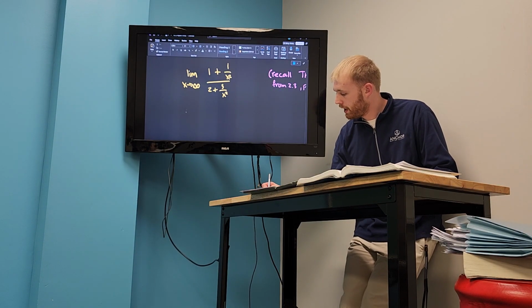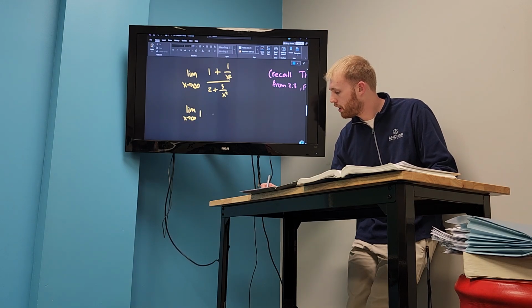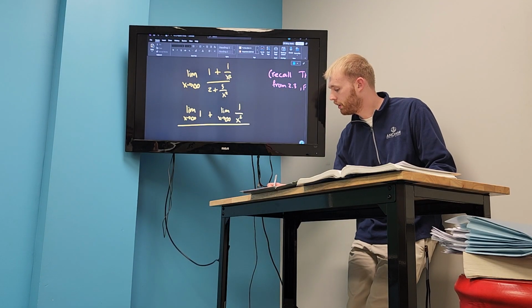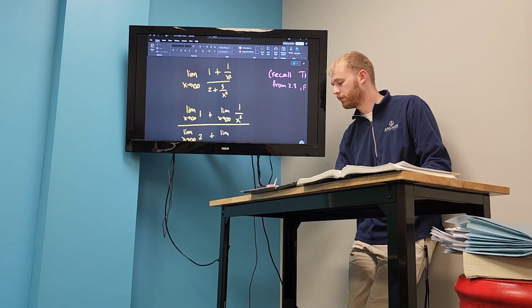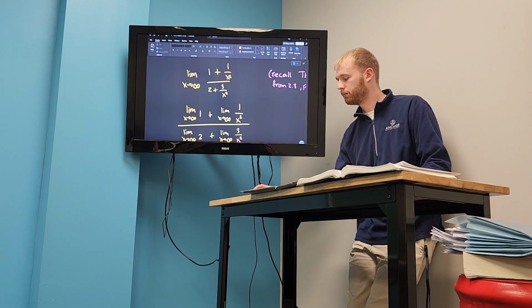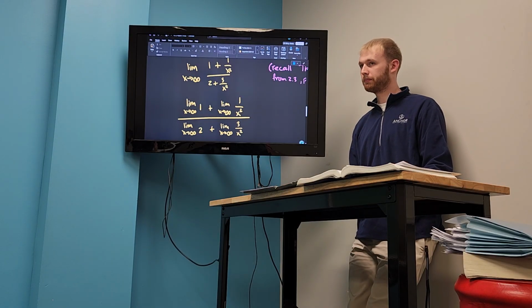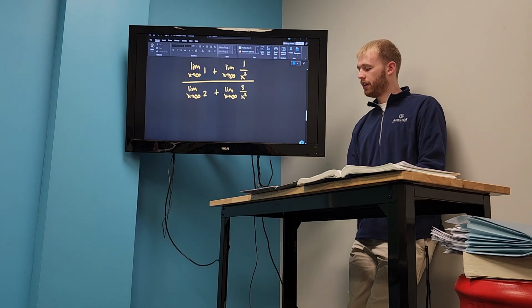So would you agree that I could take the limit as x approaches infinity of 1 plus the limit as x approaches infinity of 1 over x squared, all over the limit as x approaches infinity of 2 plus the limit as x approaches infinity of 3 over x squared? Do you agree? Good with that? Okay. What's the limit as x approaches infinity of the function 1?